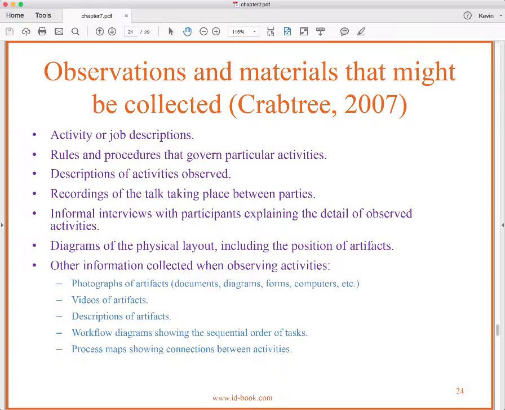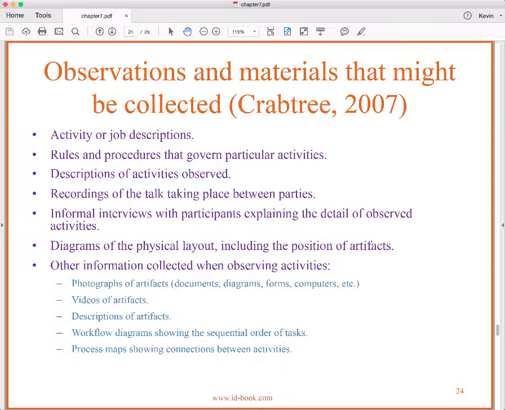We might also collect diagrams of the physical layout of the workspace, including the positioning of the artifacts in the workspace. Other information we may want to collect: photographs of artifacts, documents, diagrams, forms, computers, etc., videos of artifacts, descriptions of artifacts, workflow diagrams showing the sequential order of tasks, process maps showing the connections between activities.